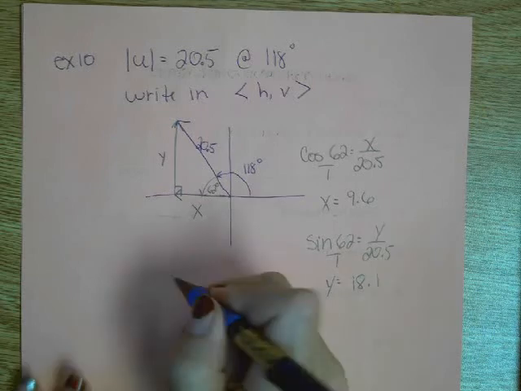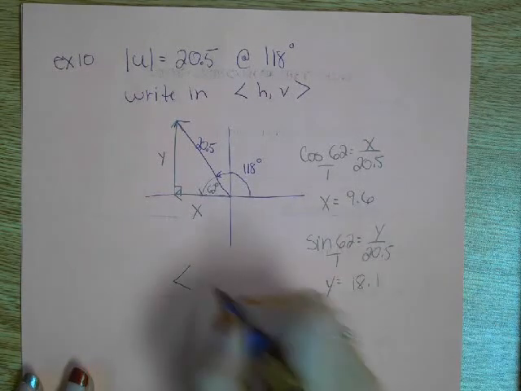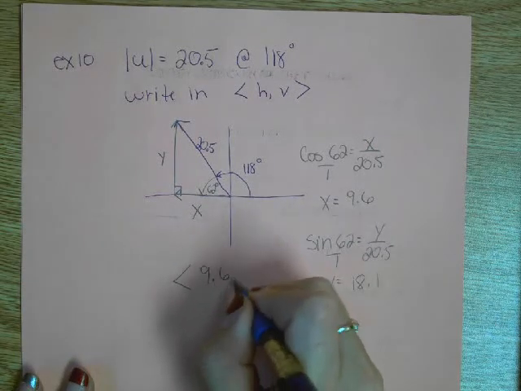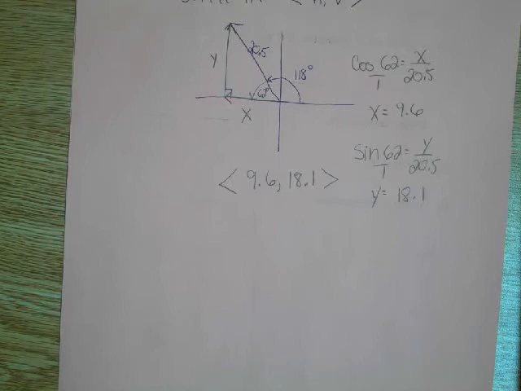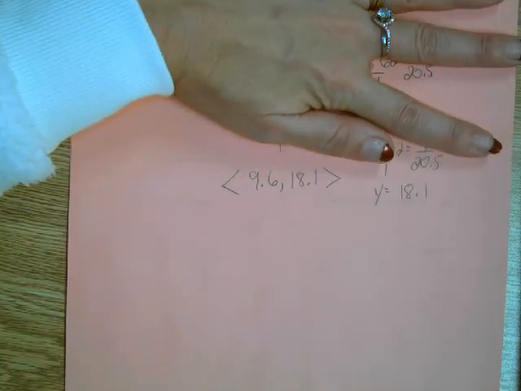Okay, so horizontal and vertical. Yes or no? No. If I gave you that as a horizontal and vertical, where are you going to sketch that?